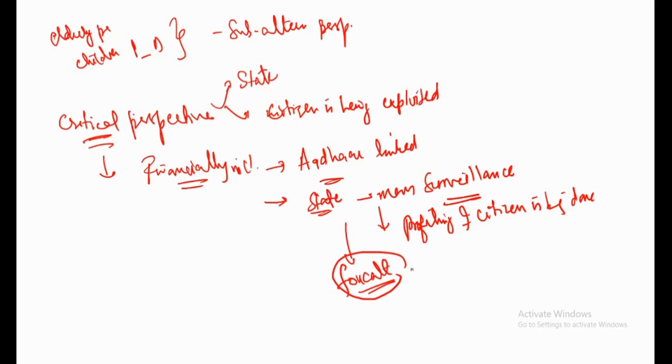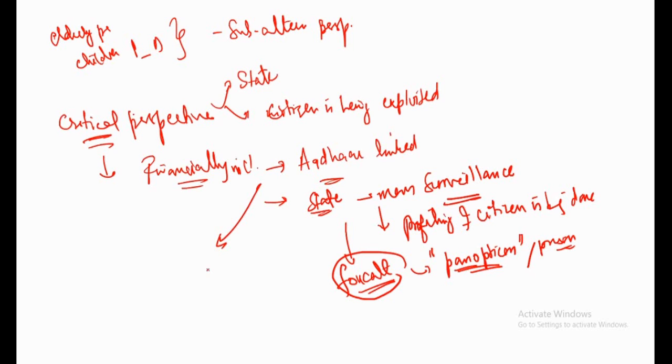You can use the term panopticon, that the state is creating a new type of panopticon, a modern prison for the people, for doing surveillance. Okay, so these terms you can mention, and you can write from this perspective that surveillance is being done.